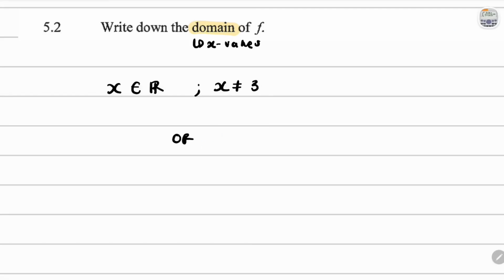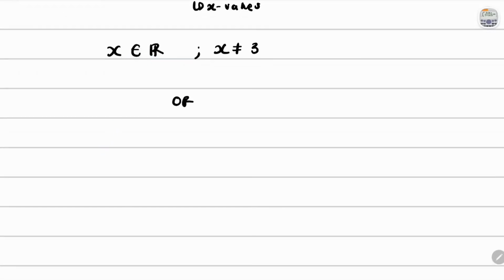If you want to write these as intervals, we could write it like this. Because we're speaking about all real numbers, we're starting from negative infinity. So x is an element of negative infinity all the way to, not necessarily just positive infinity, we need to stop at 3 and ensure that 3 is not an included value.